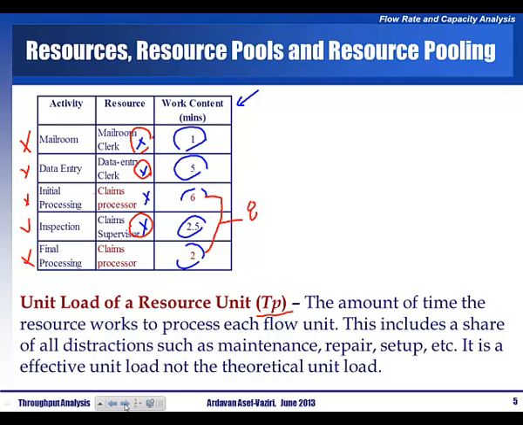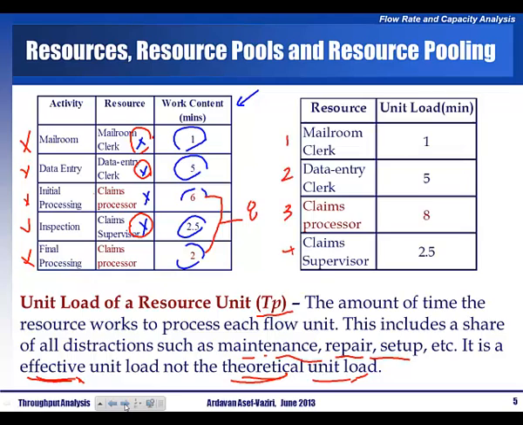This includes a share of all distracts such as maintenance, repairs, setup, and so on. We refer to it as effective unit load, not theoretical unit load. Theoretical unit load is the same as effective unit load, but it is net of maintenance time, repair, setup, and all other non-directly value-adding activities.